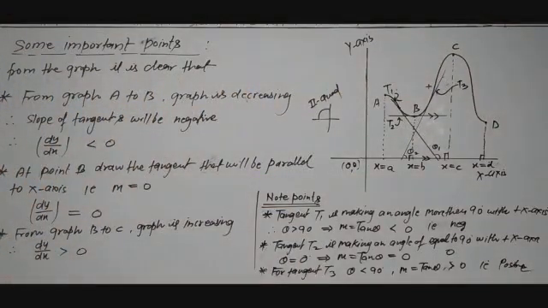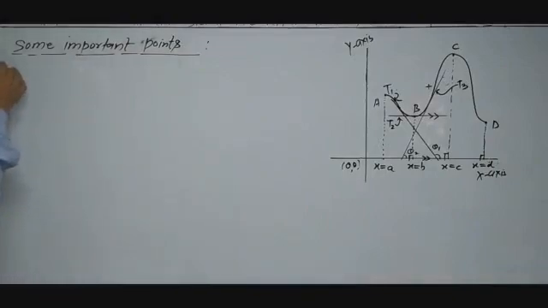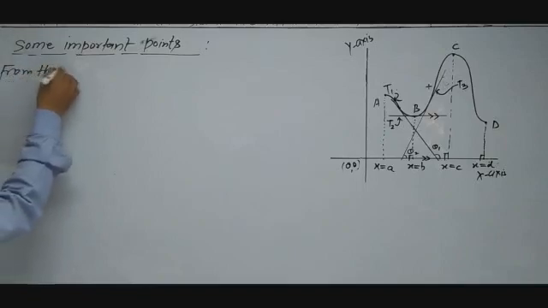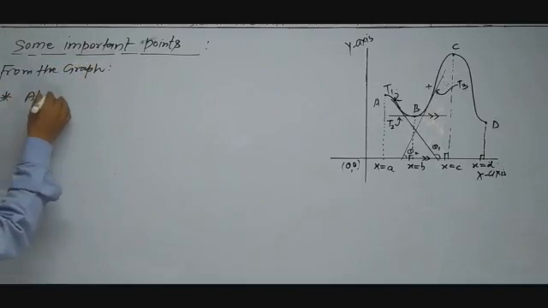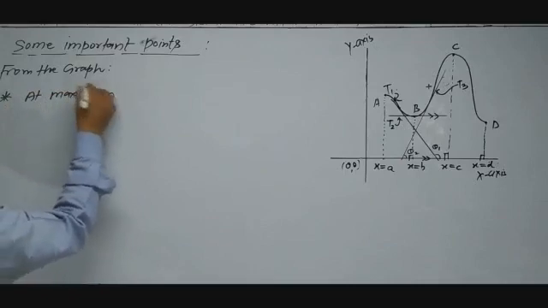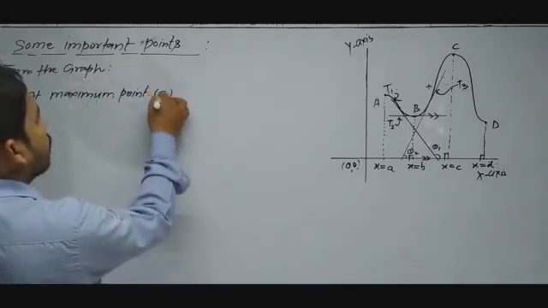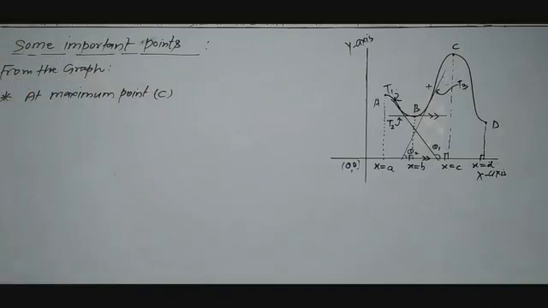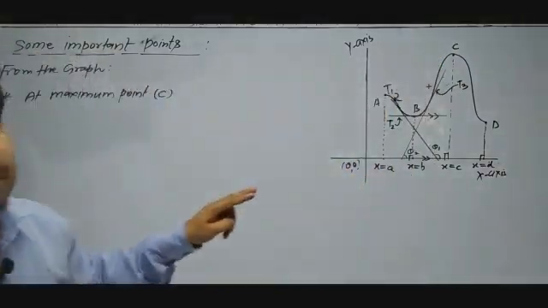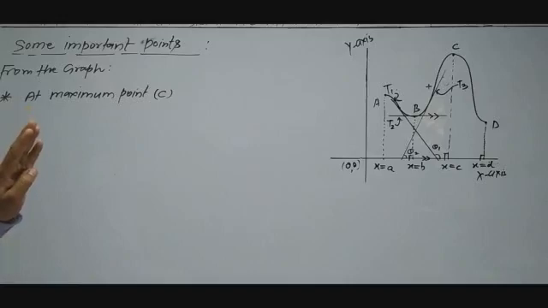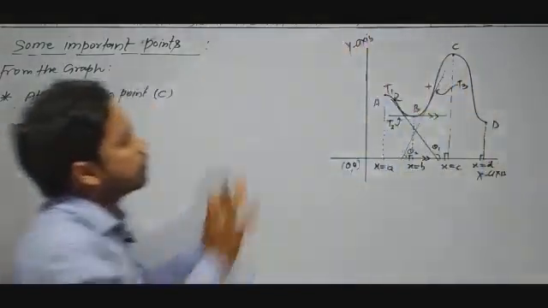So right here, see, at a maximum point C, from the graph, first point, at maximum point C, the function changes from increasing to decreasing, or you can say the function f(x) changes from an increasing function to a decreasing function.